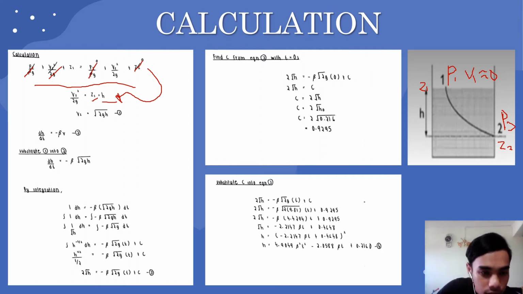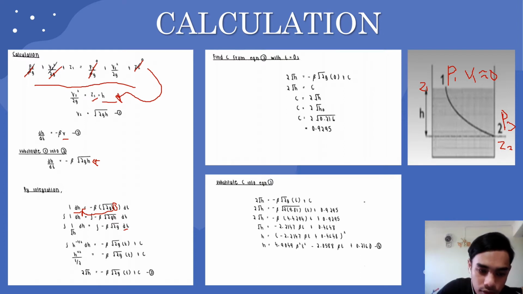After that, substitute the value of v into this equation to get this, and to solve this equation we need to integrate h toward dh, which means we need to bring h to the left side and the others are to integrate towards dt.